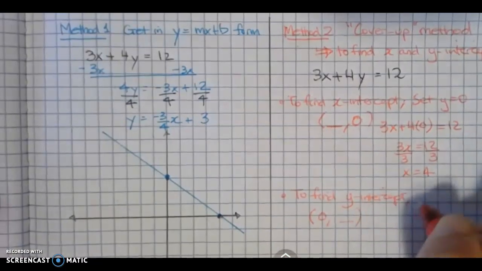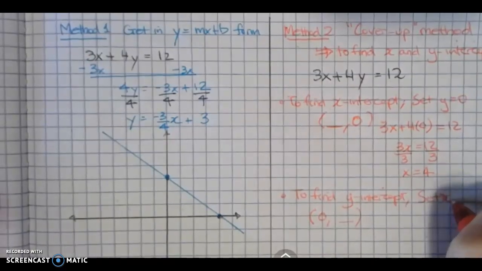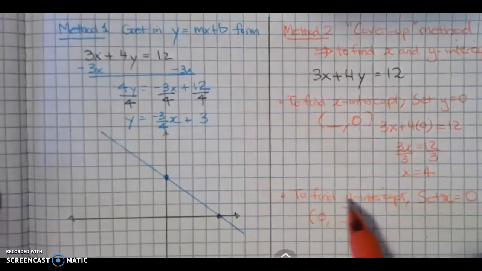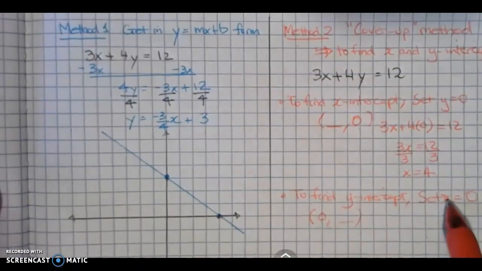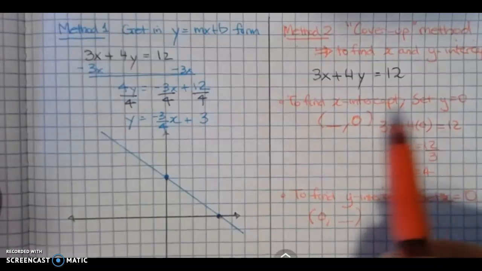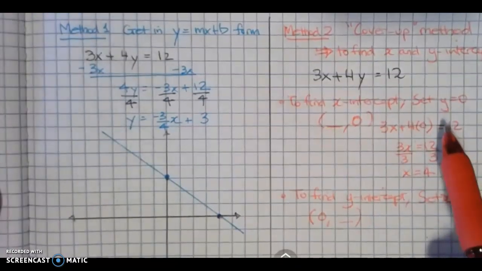So we are going to set x to be 0. Don't get this confused: to find the y-intercept, we set x to be 0. We don't set y to be 0. To find the x-intercept, we set y to be 0.